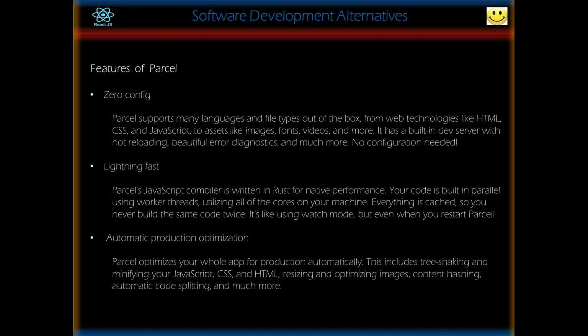Automatic production optimization. Parcel optimizes your whole application for production automatically. This includes tree shaking and minifying your JavaScript, CSS, and HTML, resizing and optimizing images, content hashing, automatic code splitting, and much more.